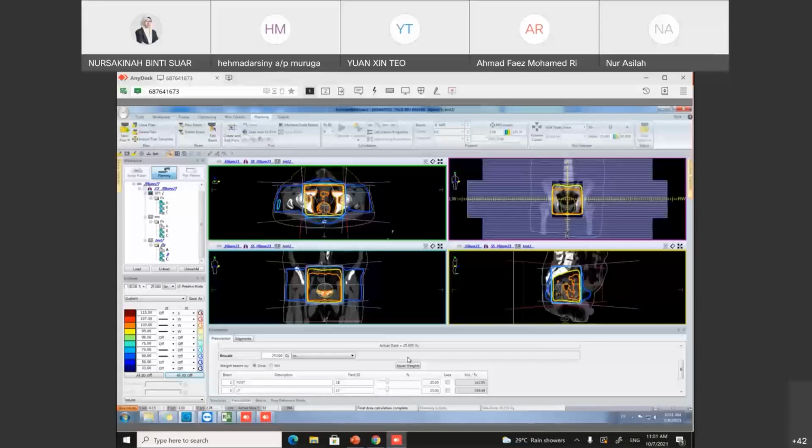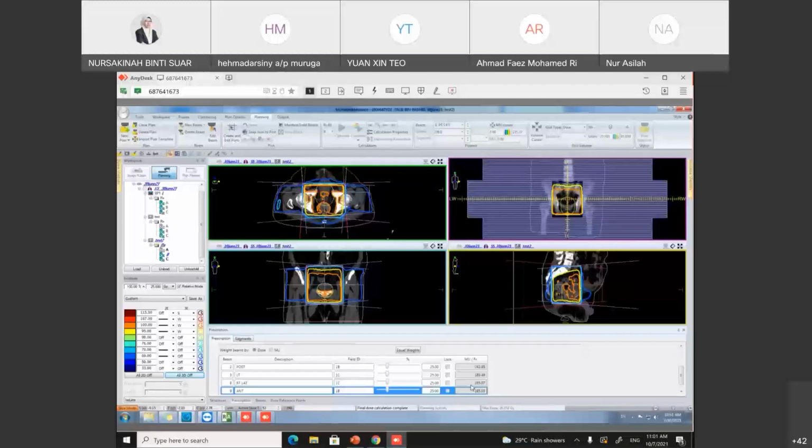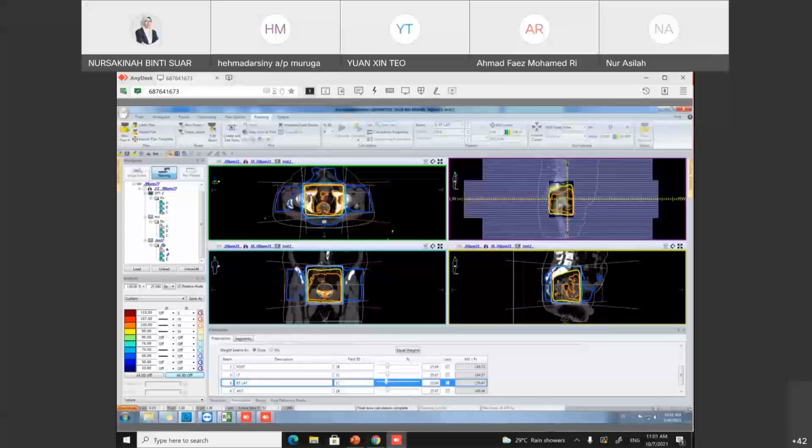So now I'm trying to reduce my right lateral dose from 25 maybe to 23. Now you can see the 70% is gone and is covered nicely. The 70% is exactly a 4-field box.